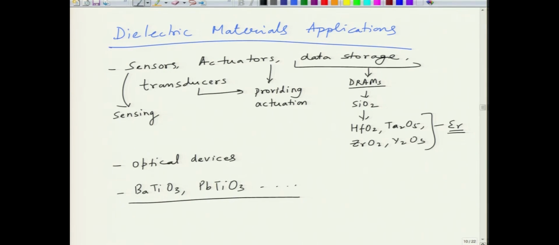So, there are a lot of applications of these materials, and as we go along the course while describing certain classes of materials, we will look at some of the applications in a little bit detail. So, this is the brief intro of dielectric materials.